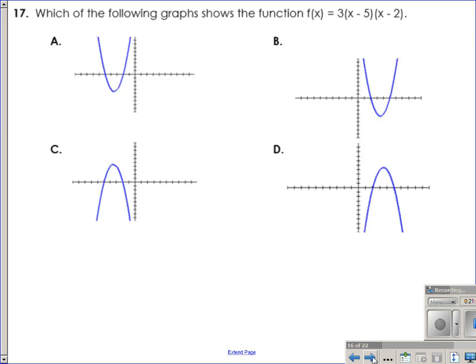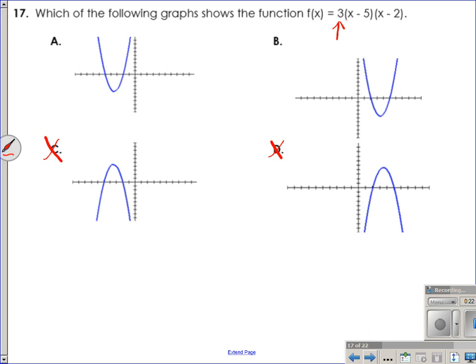Okay? Number 17, we're looking for the graph that shows the function 3 times x minus 5 times x minus 2. So the first thing I look at is my leading coefficient 3. Since it's positive, that means my graph has to open up. So I'm going to eliminate C and D because those graphs open down.